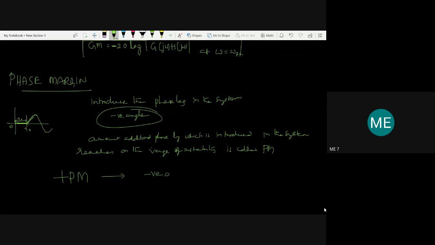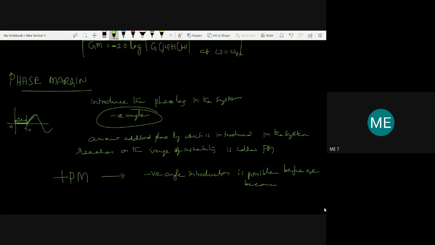That negative angle introduction is possible before the system becomes unstable. Before the system becomes unstable, we can introduce the negative angles, that is, additional phase lag we can introduce in the system.